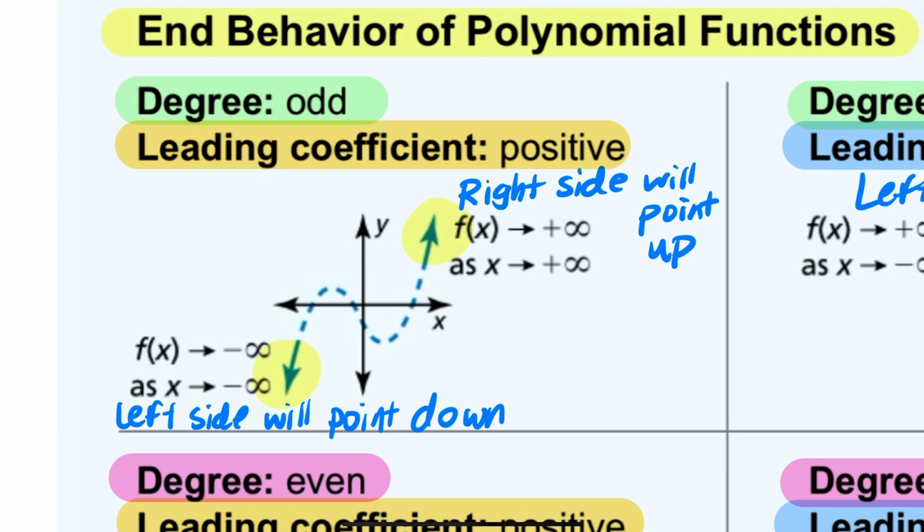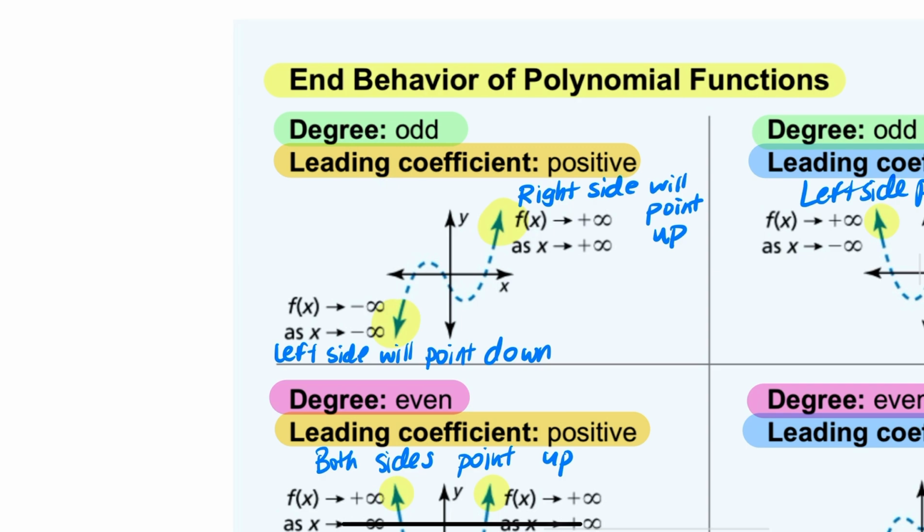Again, I don't know the exact amount of curves that are going to be in the graph because they said the degree is odd, but they're not telling us, is that a 1? Is that a 3, 5, 7, 9, 11? Like, what exponent are we working with here? We don't know. But we do know the end behavior of the graph. We know that the left side is going to point down and the right side is going to point up.